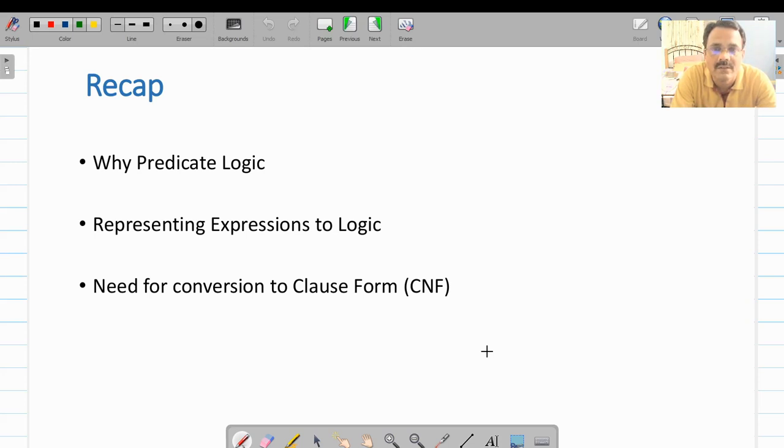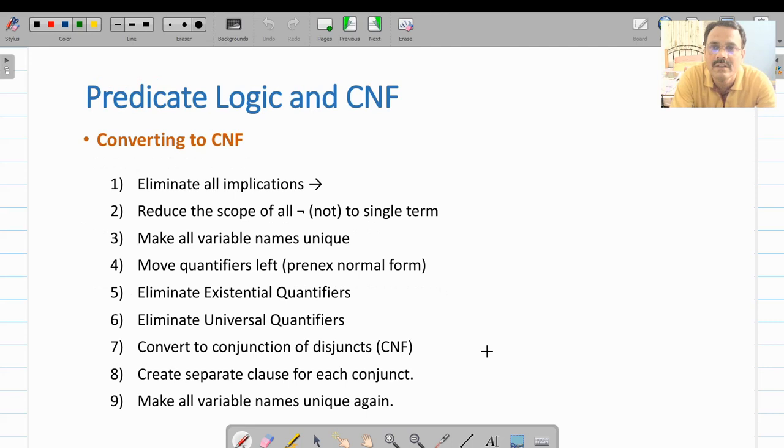So to make your representation consistent, you need to convert statements into normal form, specifically conjunctive normal form. Now let us see how to convert every statement into CNF. Every statement has to go through at least 7 steps.